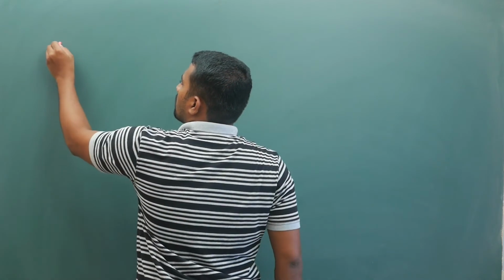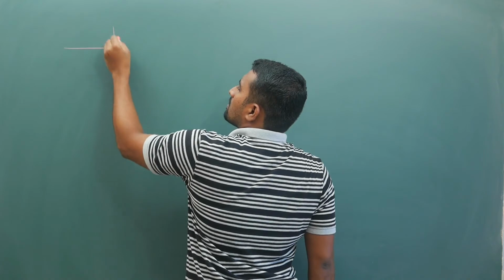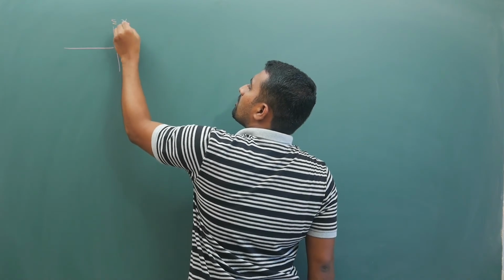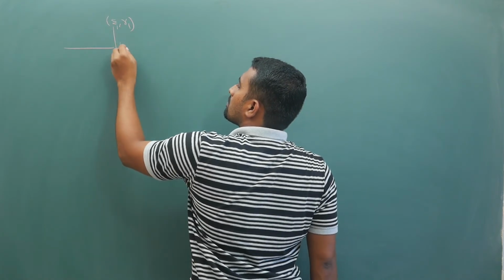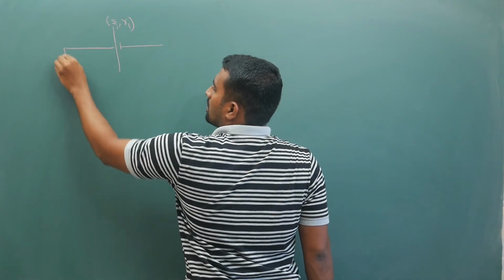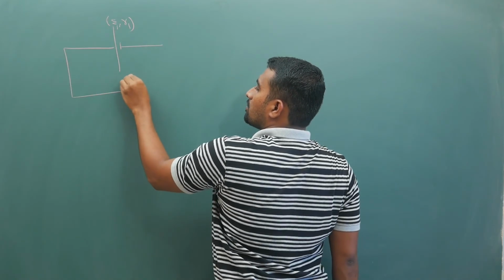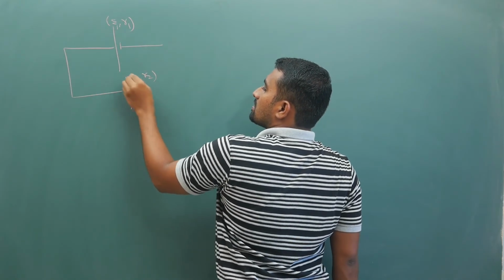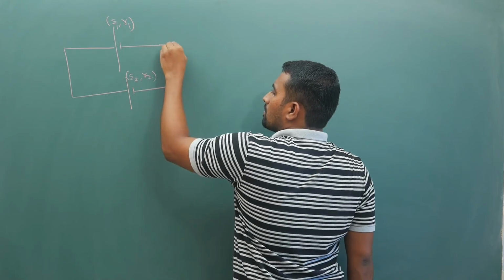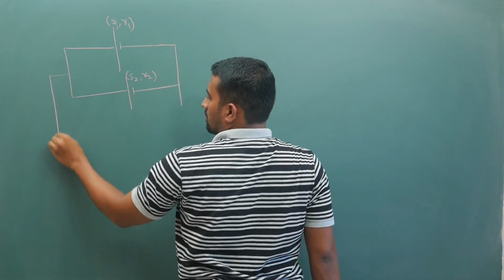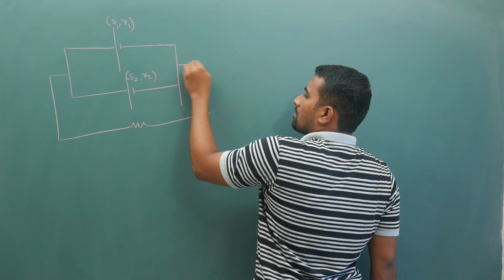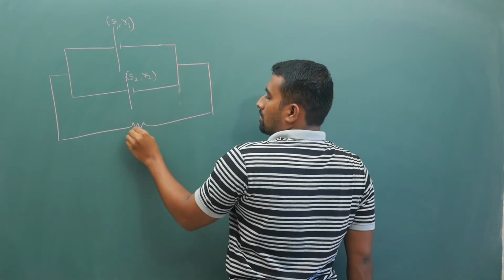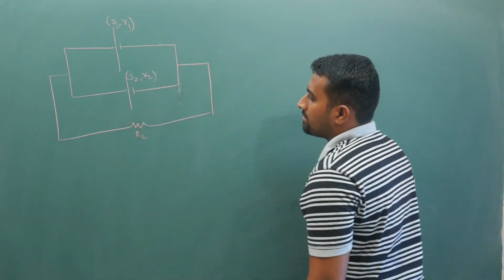Now, one cell's EMF is E1, internal resistance R1, this cell's EMF is E2, internal resistance is R2, and then you have R load connected like this.